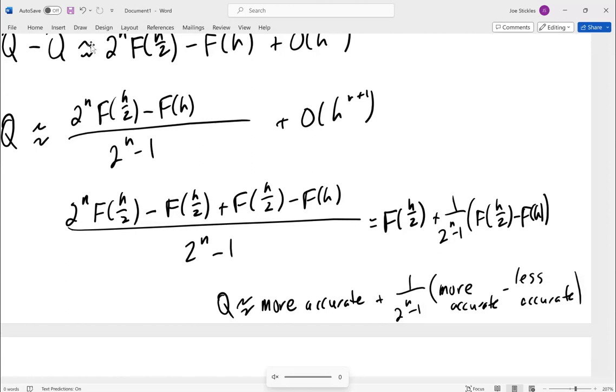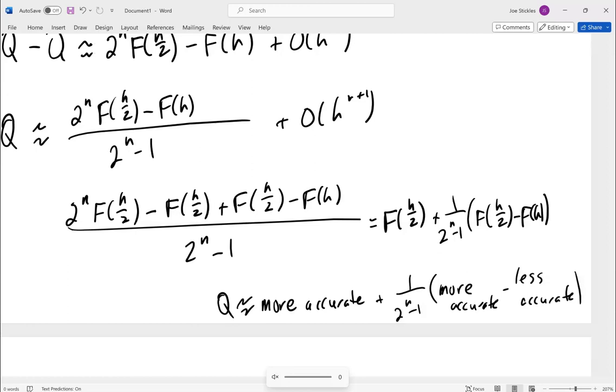And then the other term is what's left. Split this right directly in two. Would be this over this plus this over this. The second part is just that over that, right? In the first part, your 2 to the n minus 1s will cancel after you factor out f of h over 2. All right.